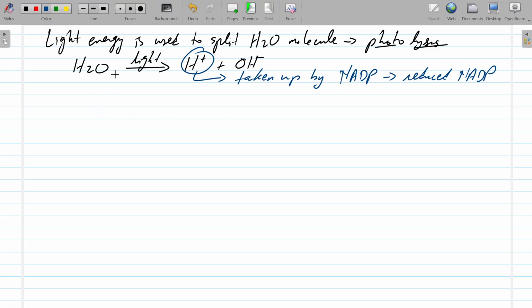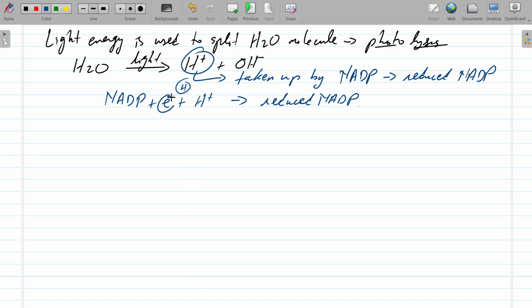So in the case of NADP, you've got NADP plus electron plus proton, which is basically hydrogen, because the hydrogen atom is just an electron and a proton, to become reduced NADP.